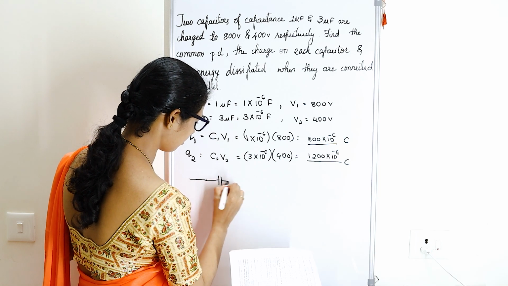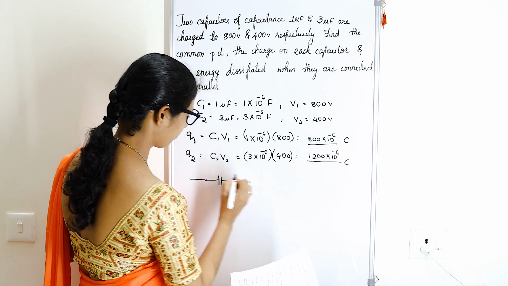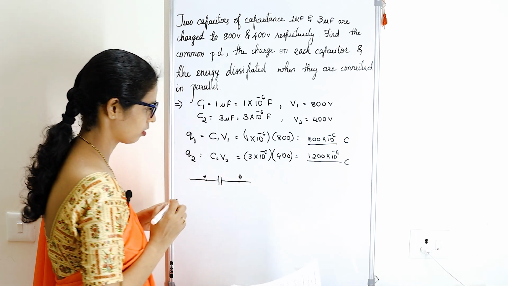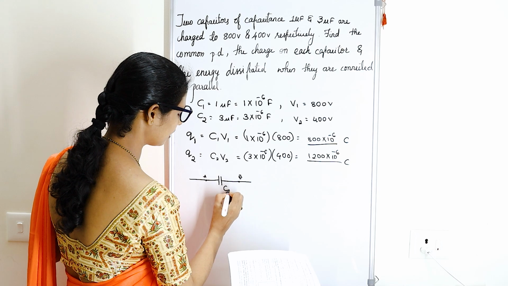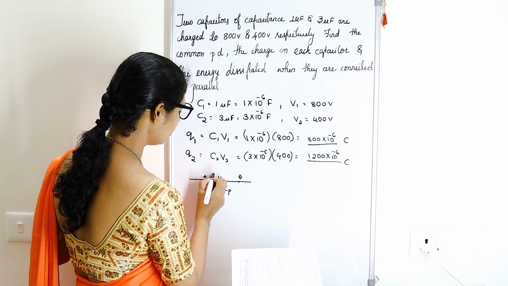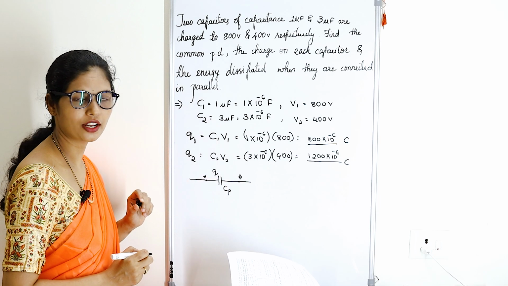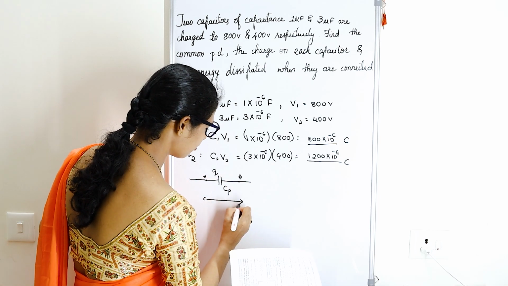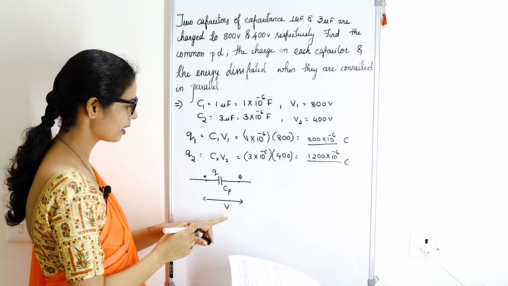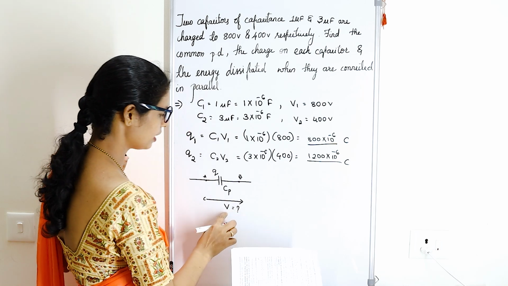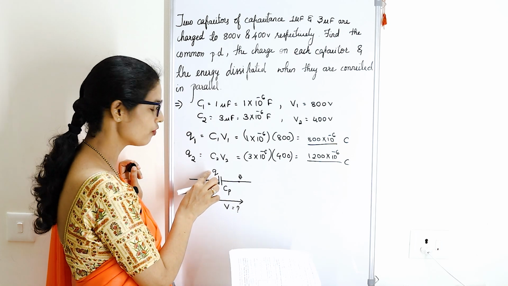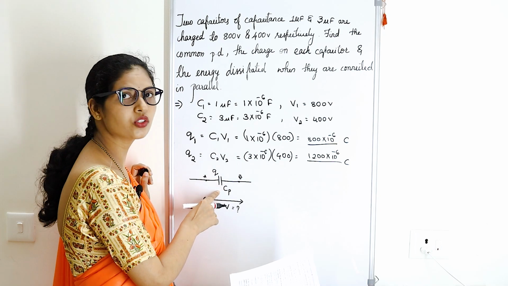When you connect them in parallel, you will take the effective capacitance and then the total charge to get the value for the common potential difference. To get the common potential difference, you need the value for total charge and also effective capacitance.